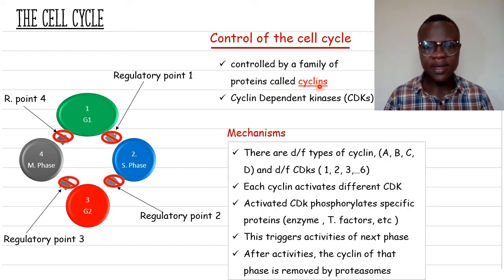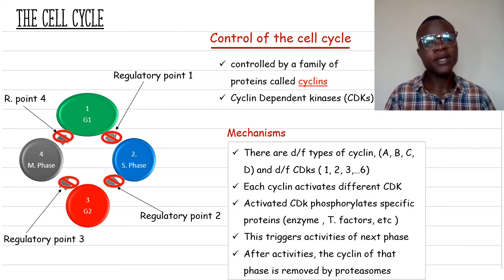Each cyclin activates a different cyclin dependent kinase. When that happens, the activated cyclin dependent kinase will phosphorylate specific proteins in the cell. When those proteins are activated, they will trigger the next phase of the cell cycle.